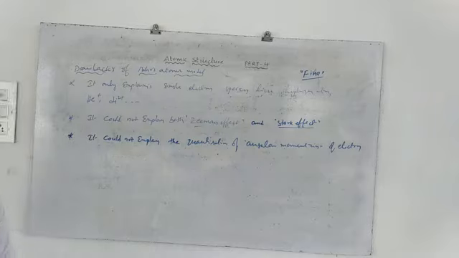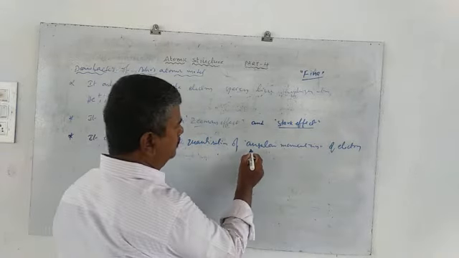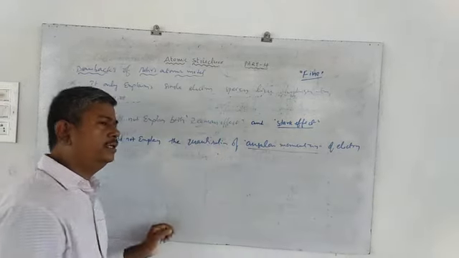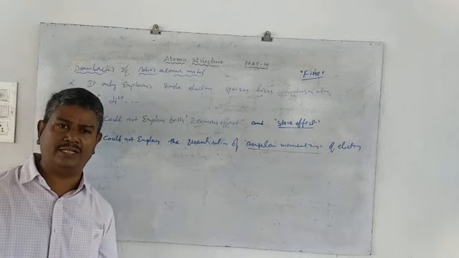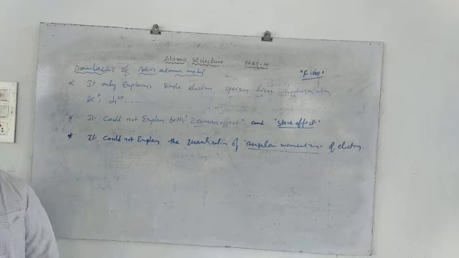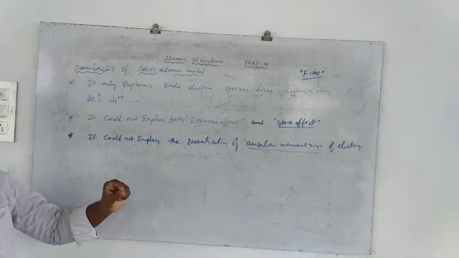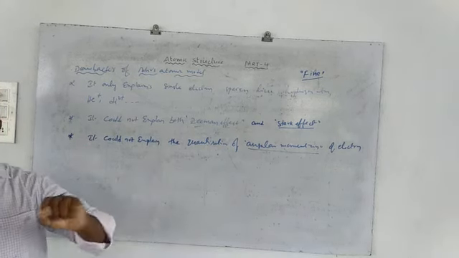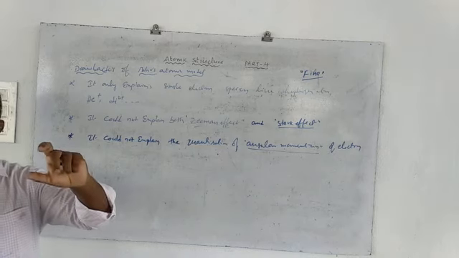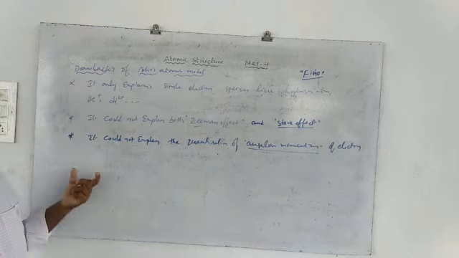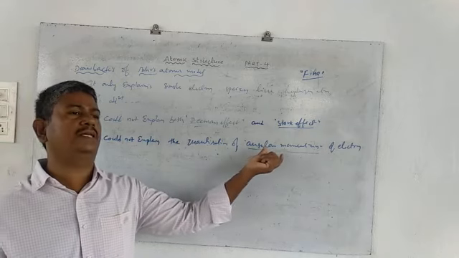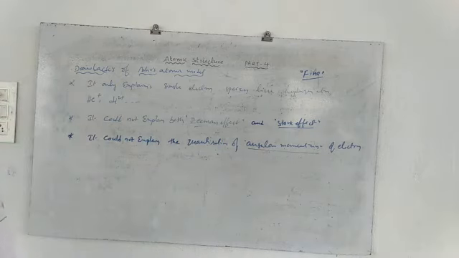We know that according to Bohr's atomic model, the angular momentum of electron mv equals nh by 2 pi, where n is an integral multiple of h by 2 pi. That means n is a whole number like 1, 2, 3, and so on. That means the angular momentum of the electron is quantized. Why it is quantized, it could not explain by Niels Bohr.